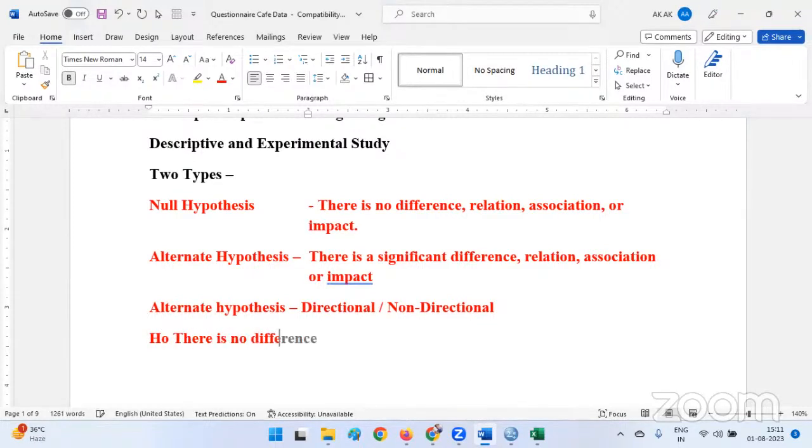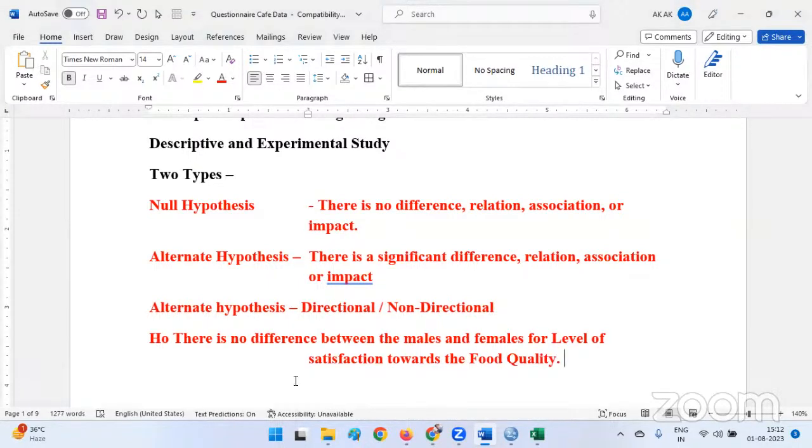There is no difference between the males and females for level of satisfaction towards the food quality, suppose.